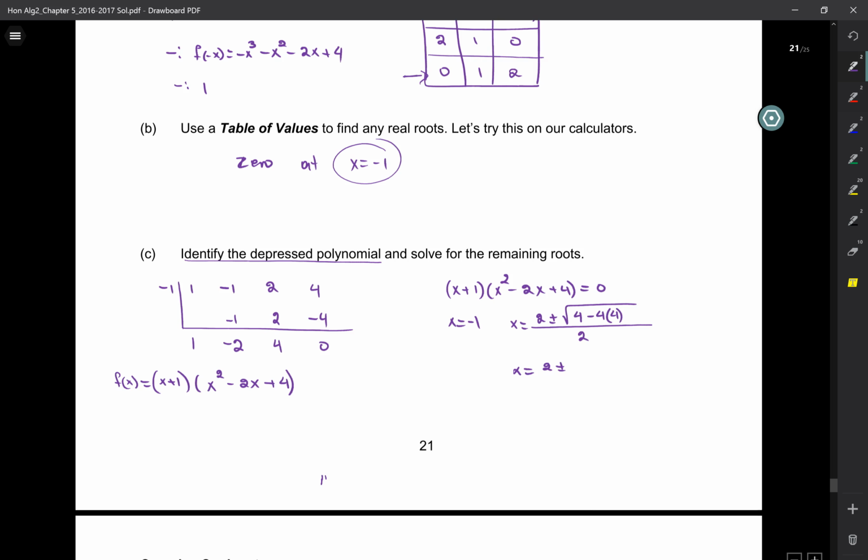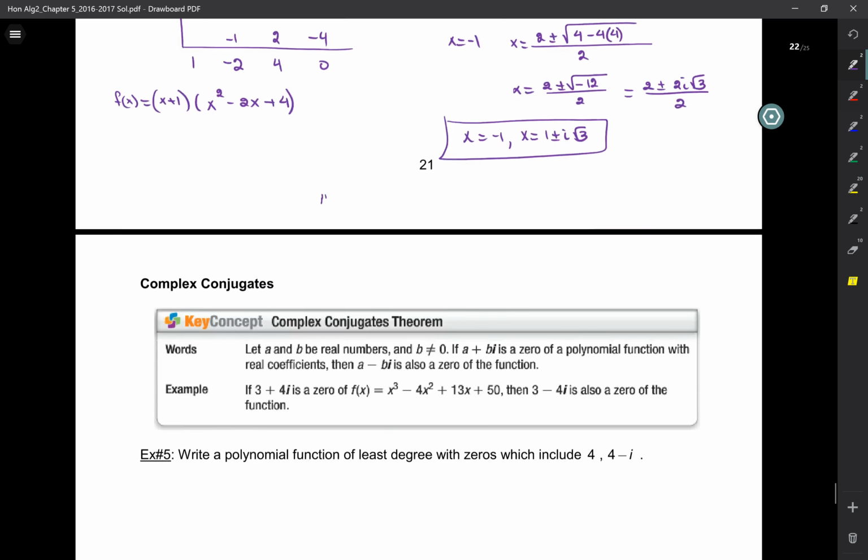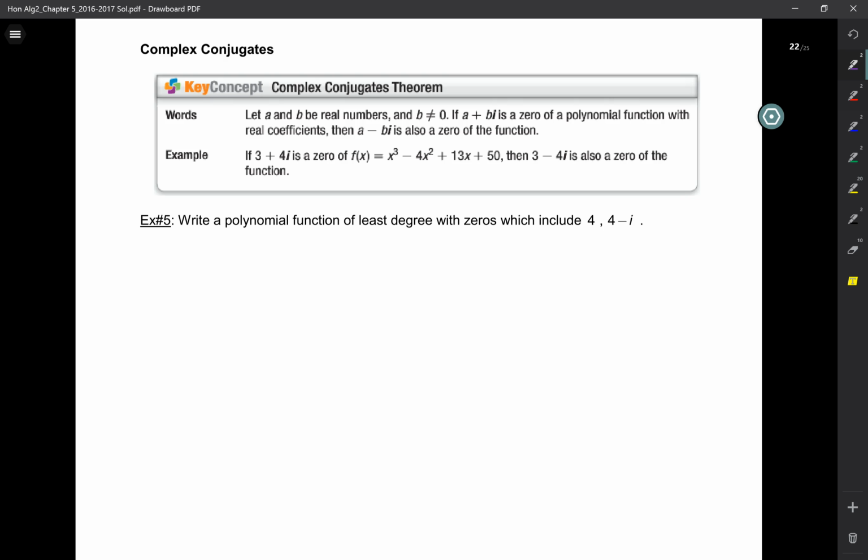So this is 2 plus or minus the square root of 4 minus 16, which is negative 12, over 2. 2 plus or minus 2i root 3 over 2. So x is 1 plus or minus i root 3. And here x equals minus 1. And there you have them. One last one here. Complex conjugates. All right.